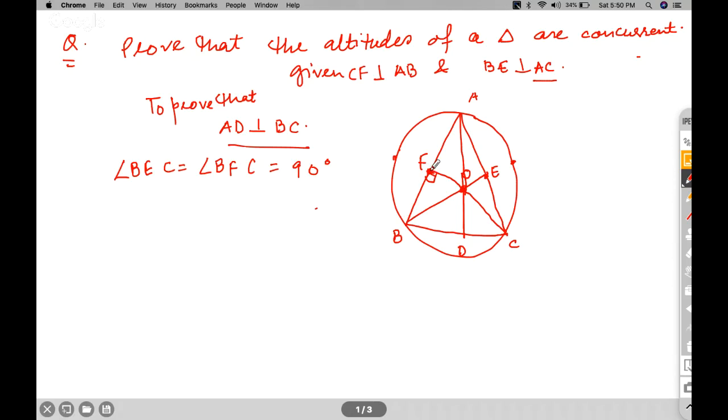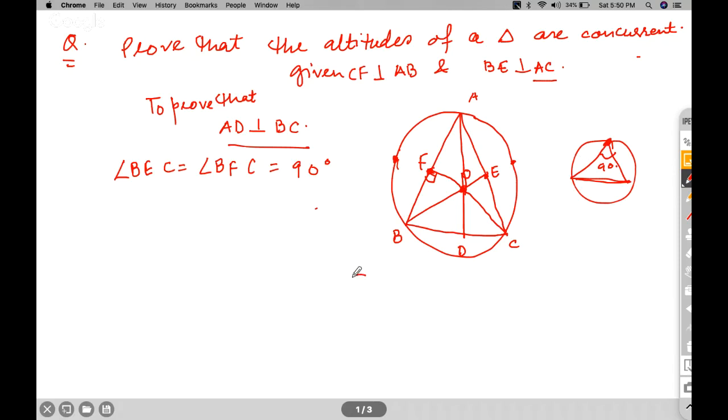If this is a line and this is making a 90-degree angle in a circle, this point has to be on the circumference of the circle.